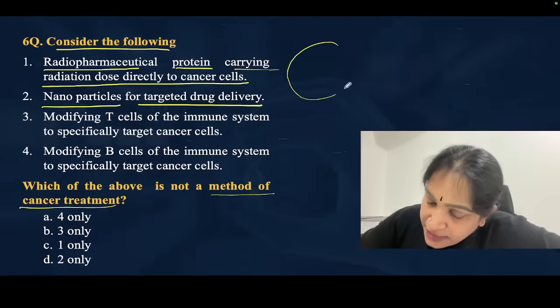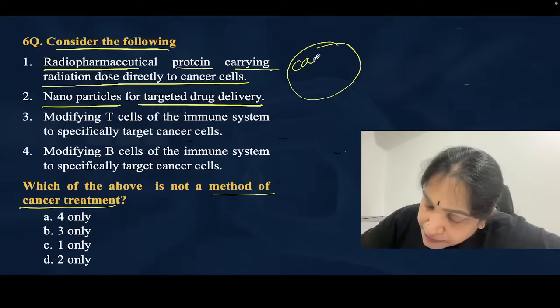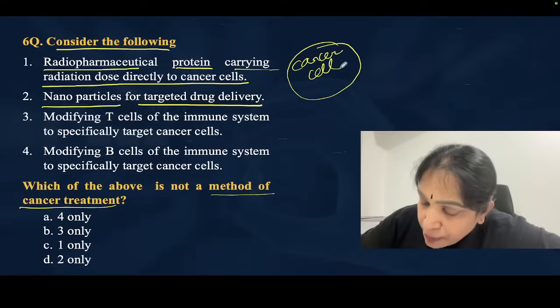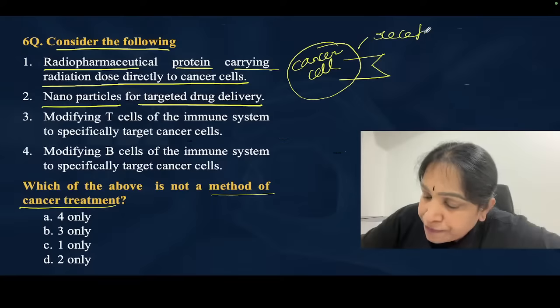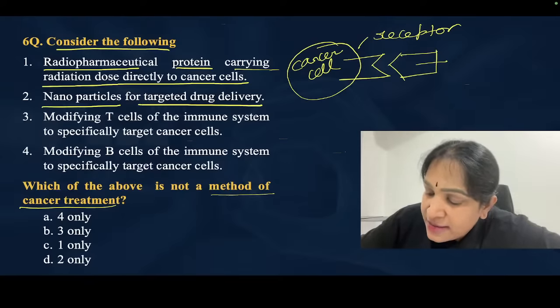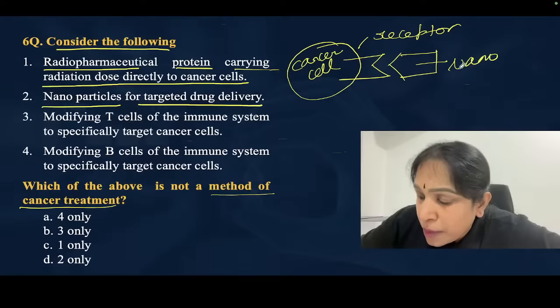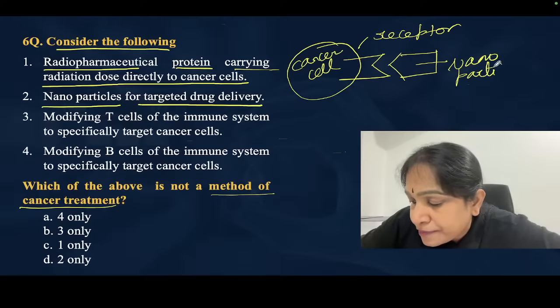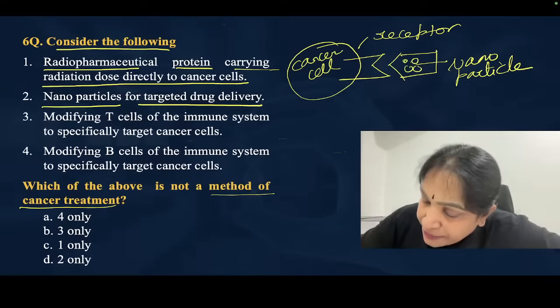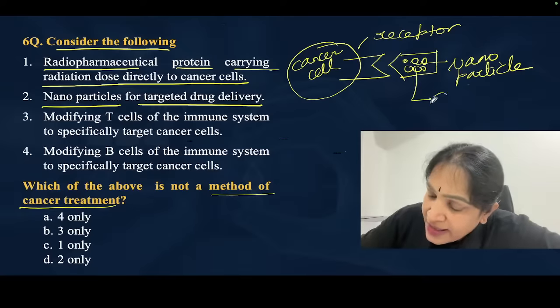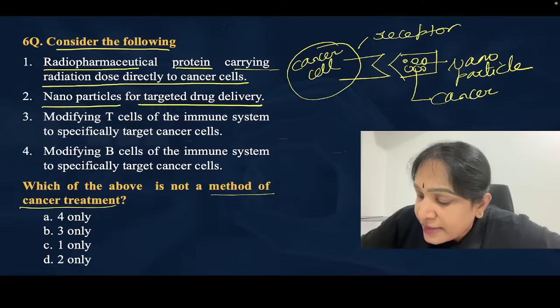For example, this is a cancer cell. On this you have a receptor. And it is a nanoparticle, and you kept the cancer drug inside.